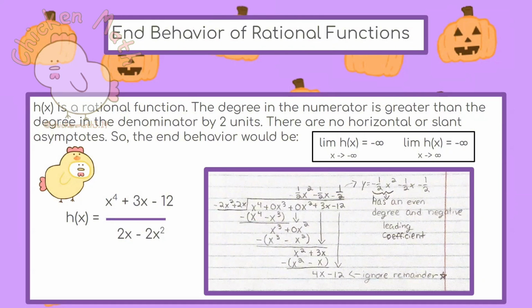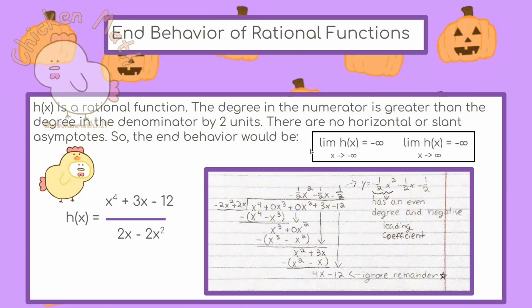So if we looked at this as a polynomial function, we have an even degree and a negative leading coefficient. So even degree tells us that our left and right hand end behaviors are going to be the same. And our negative leading coefficient tells us that our outputs are going to be decreasing without bound.